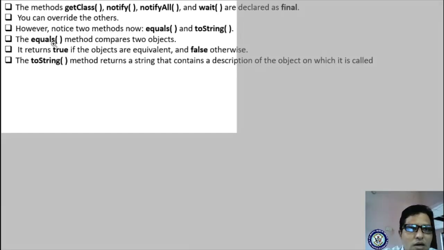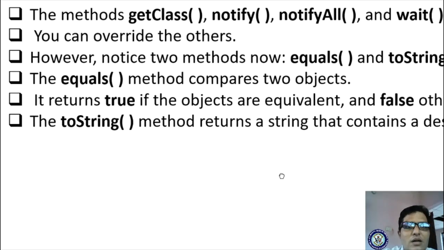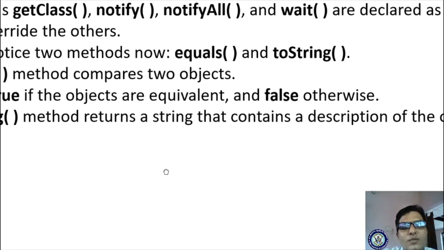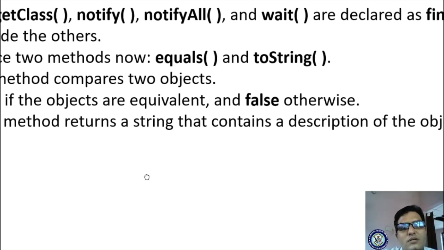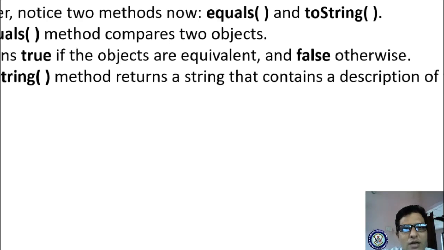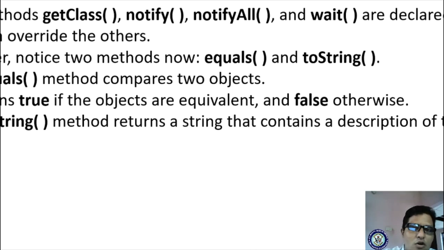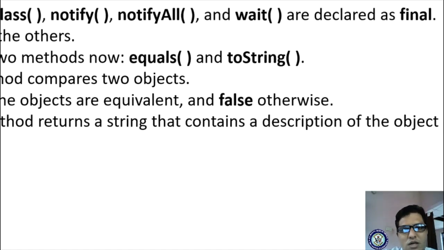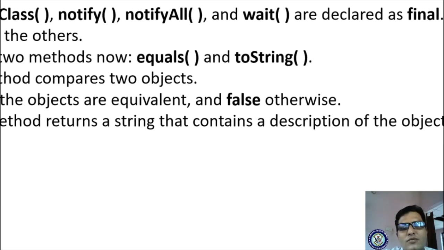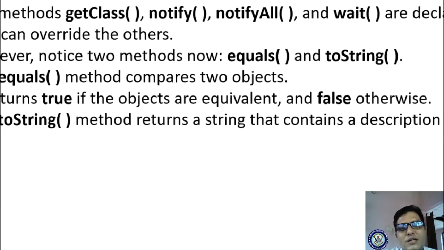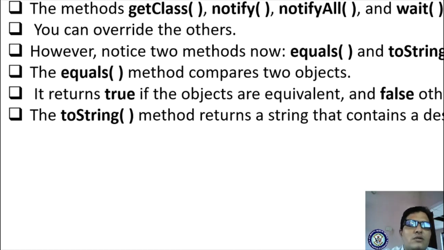Notify means it starts whatever waiting thread is holding; we are resuming it. And notifyAll means we are resuming all the waiting processes and threads. Here process means threads. These wait methods have to be declared as final. You can override the others, all the other methods.